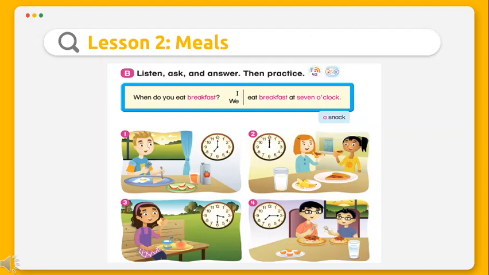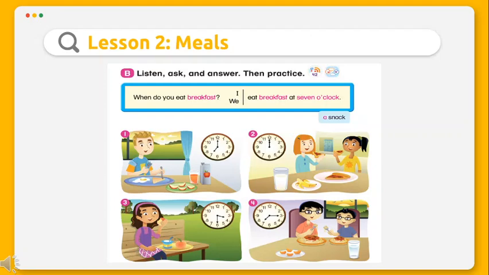We eat lunch at 12 o'clock. 3, When do you eat a snack? I eat a snack at 3:30. 4, When do you eat dinner? We eat dinner at 7:15.